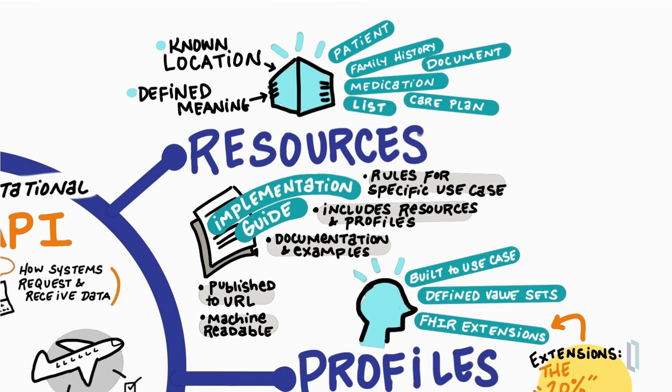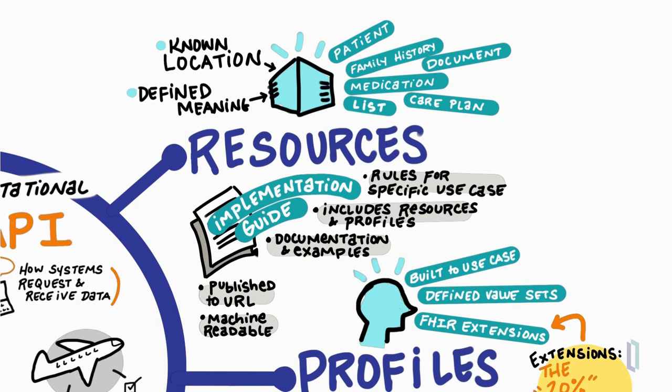And then those implementation guides can be published using a web publishing tool that's available on the HL7 website. So they are published to a URL that anyone can access and download that FHIR implementation guide if they're creating an application in the area of that particular use case, and their application will be consistent with other applications using that FHIR implementation guide.